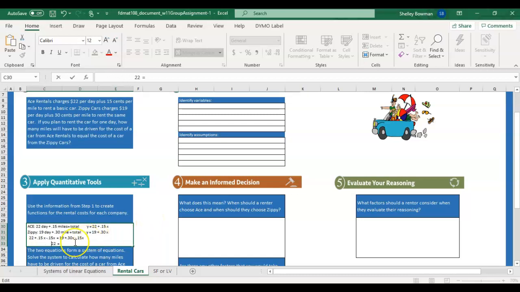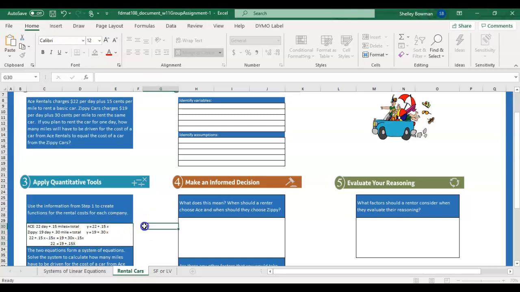That helps us see things. There we go. And then on this side we still have the 19, and 0.3 or 30x minus 0.15x gives me 0.15x.